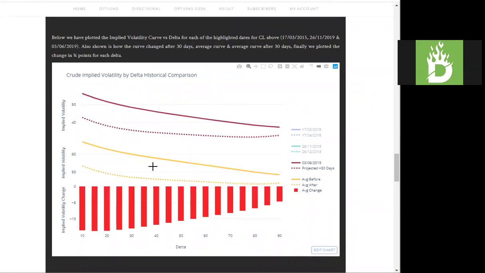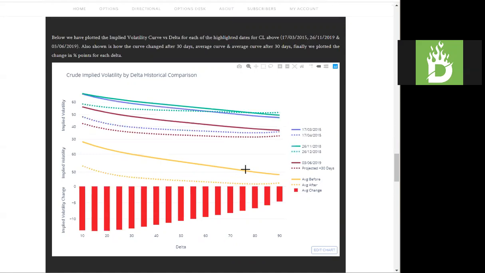This is the average before and after, and obviously you saw the net change in IV bend, and the whole shift down in the curve. What you could do here is normalize for implied volatility. That would be an interesting way of looking at things, and it's something that I am developing for version 3 of the intelligence model.